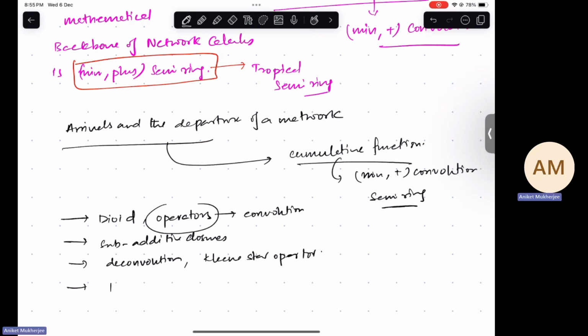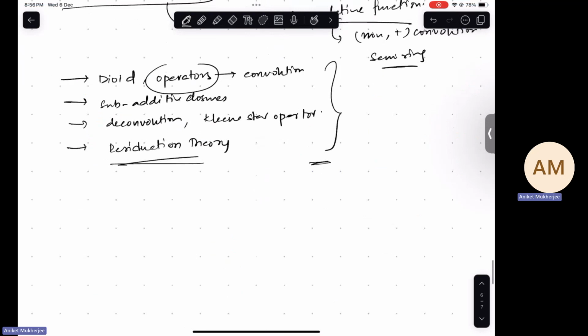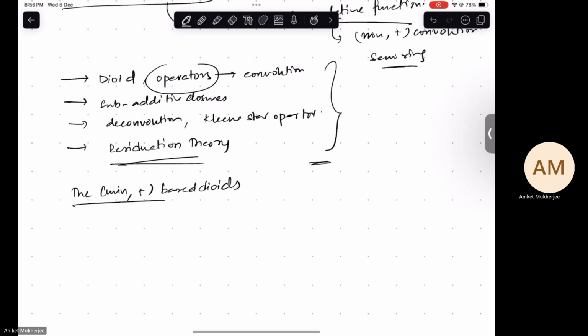We'll also look into something known as residuation theory. Okay, then this will start in the next class. Next class, we'll start with the min-plus based dioids.